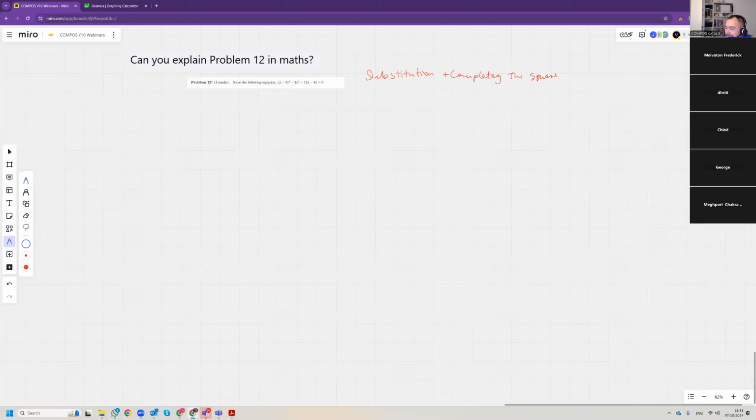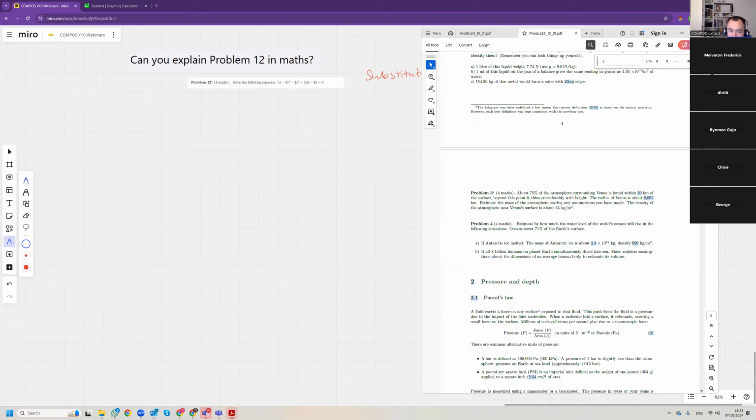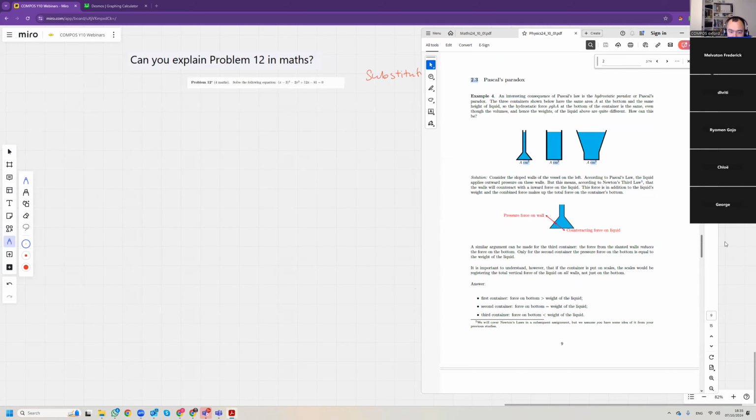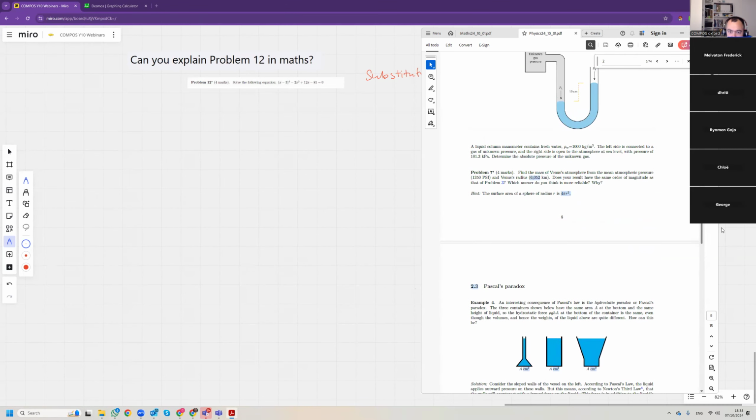Is the gravity needed for problem 7? No, I don't think you need the gravity units. Find the mass of it.